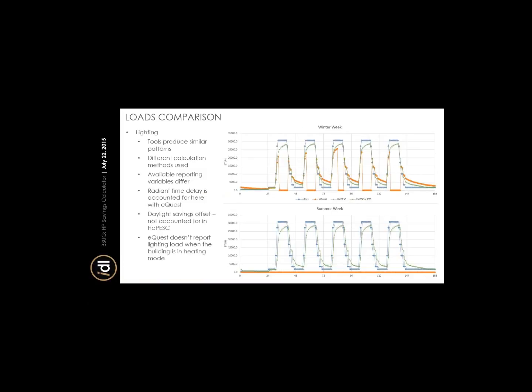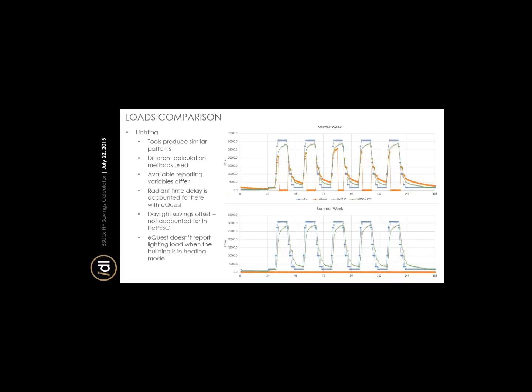Some results from that, I'll start with lighting. I'm basically going to go through all the different loads, and you can see the tools produce similar patterns, but it's clear that they calculate differently and they report different variables.